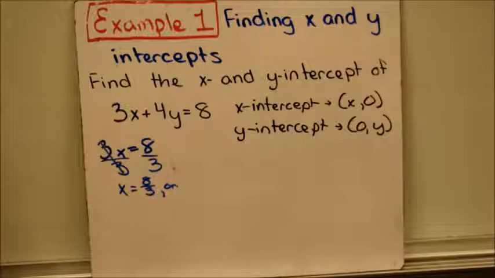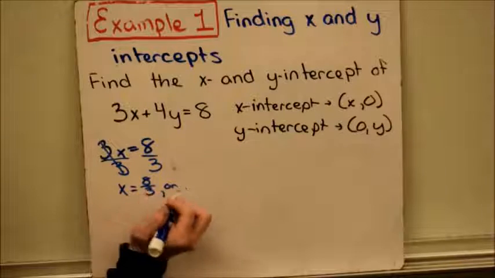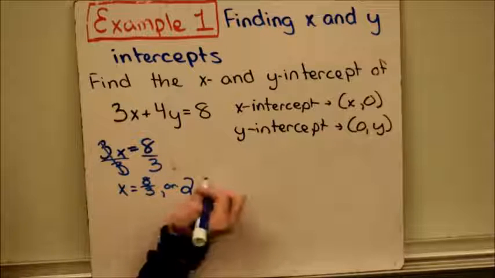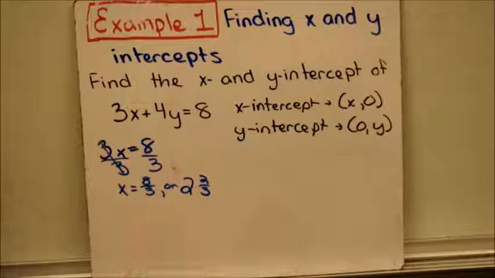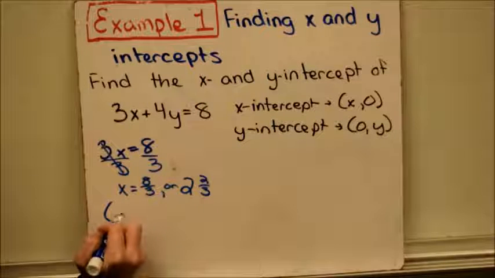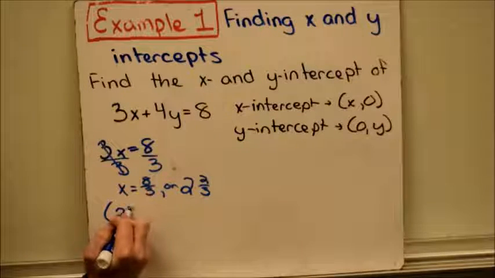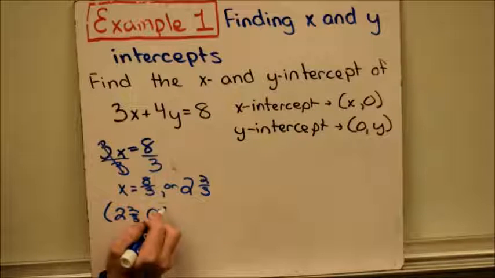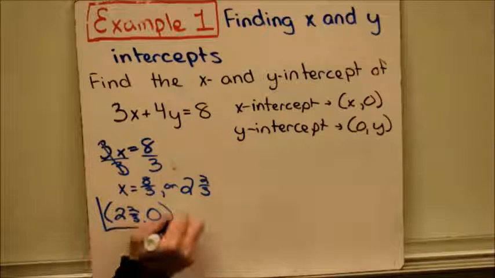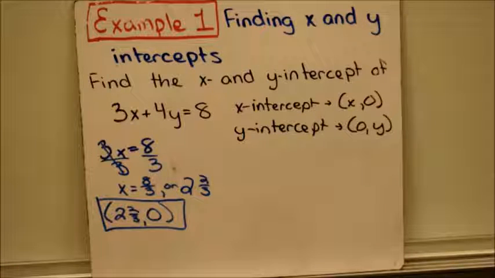Or if we wanted to make this a mixed number, we could say that 3 goes into 8 2 times with a remainder of 2/3. If we wanted to write this as a coordinate point, we would say 2 and 2/3, 0. That's our x-intercept.